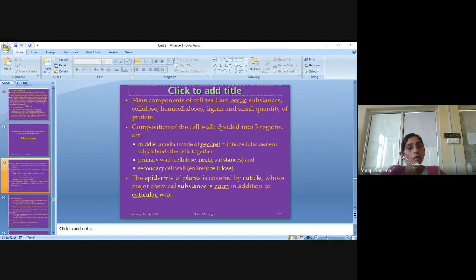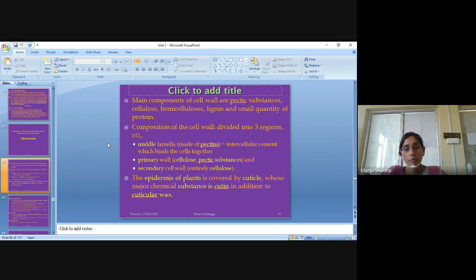Intercellular means between two or more cells, not only in a single cell. Then the primary wall has cellulose and pectic substances, and the secondary cell wall is entirely cellulose. So these are all considered the cell wall, made up of cellulose, hemicellulose, lignin, pectin, etc.